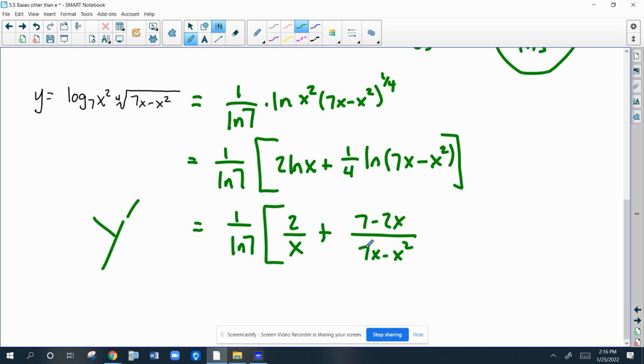And I have this 1/4 out in front, so I'll just lump it in there. And that is it. So you can check both of these on Wolfram Alpha or with a calculator, how you learned to do that before. That's it.